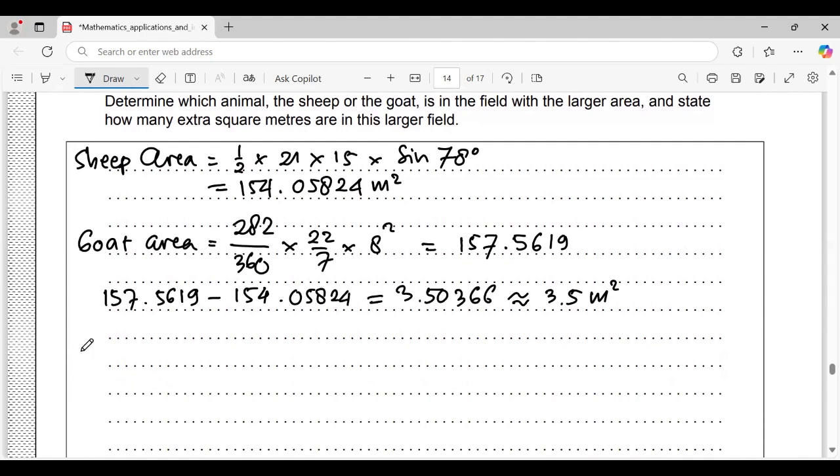I'm going to write here the conclusion that the goat has a larger area than the sheep.